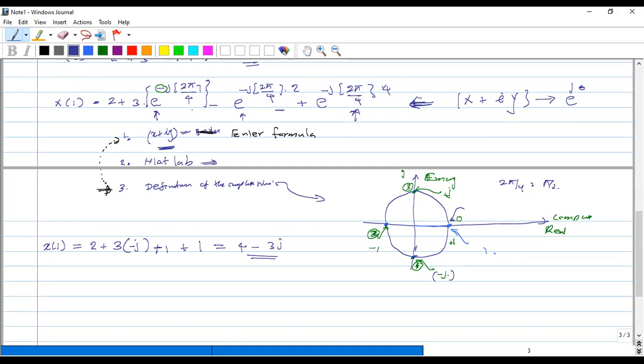So we will verify the answer using Matlab. I will use the command window. You can see that if we write like this, exp of minus j, I will write it as 1i.